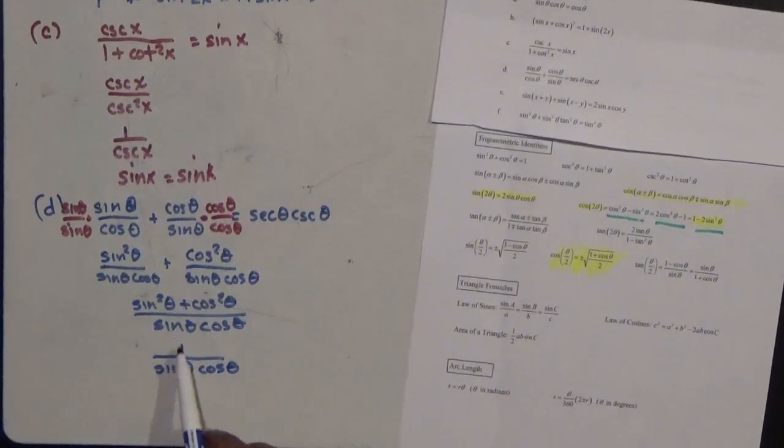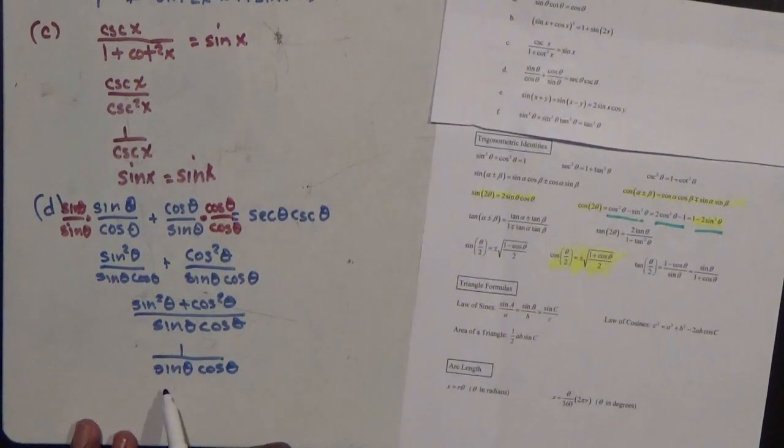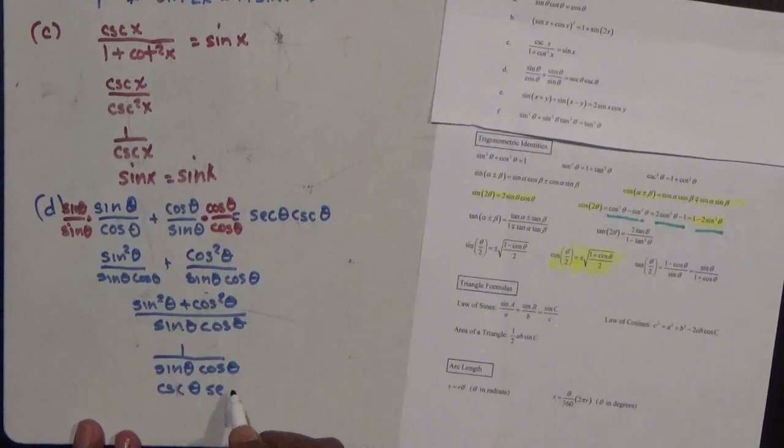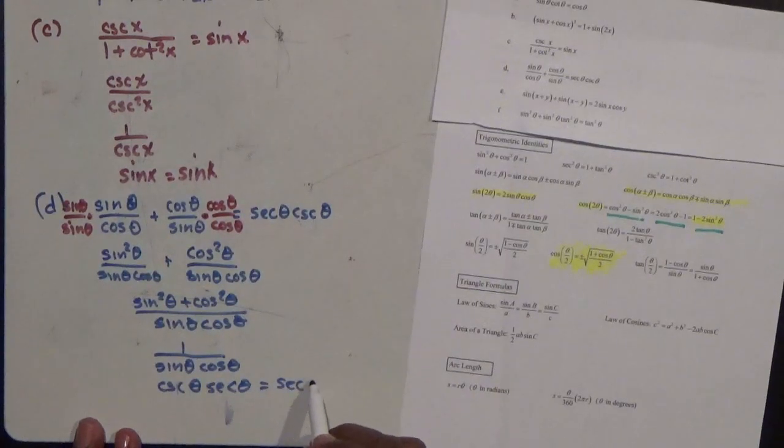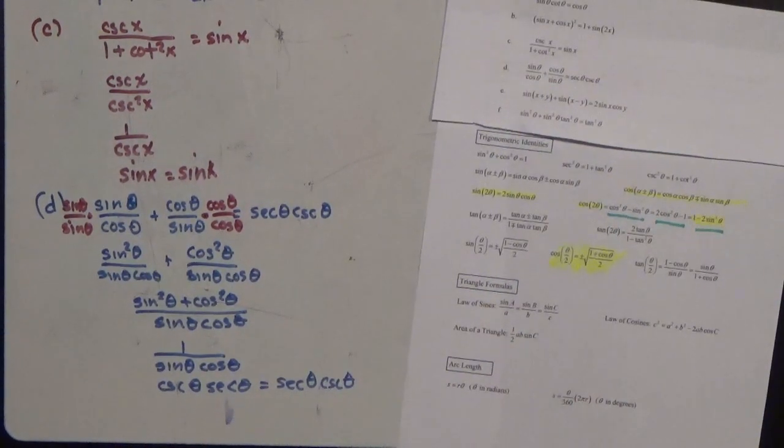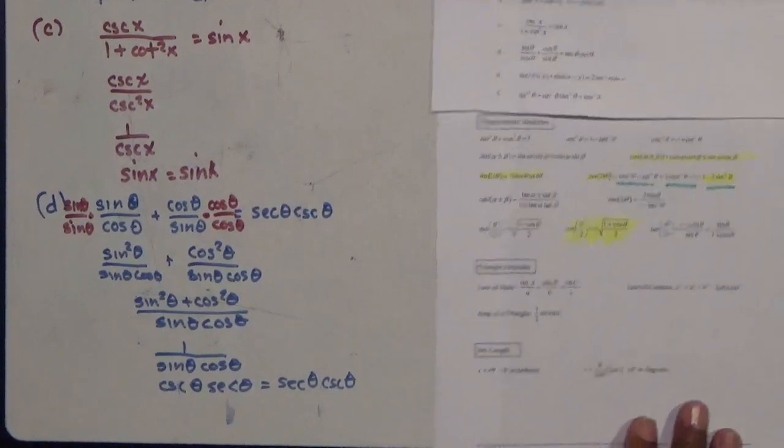Now, 1 over sine is cosecant, and 1 over cosine is secant. And that's what that is equal to, secant theta cosecant theta. All right, keep it going.